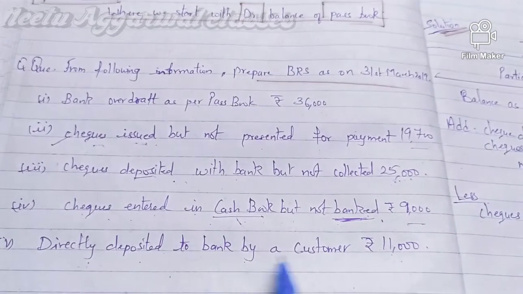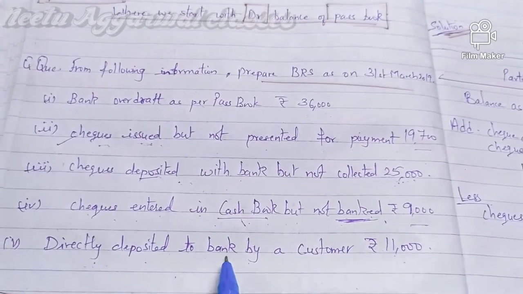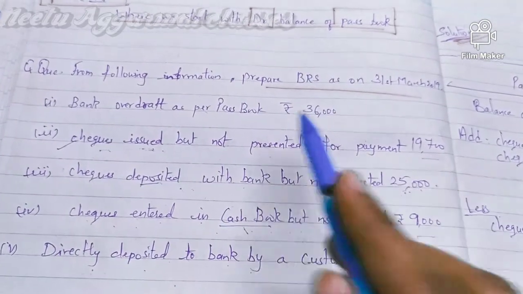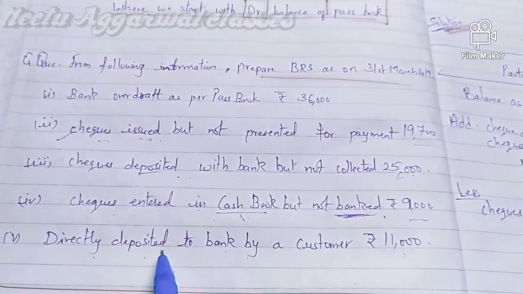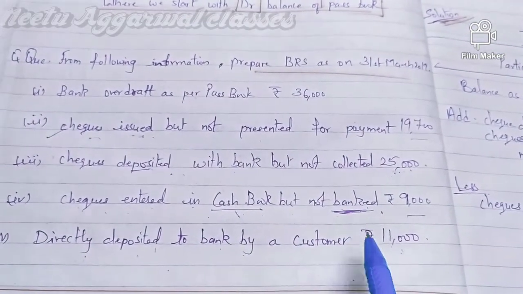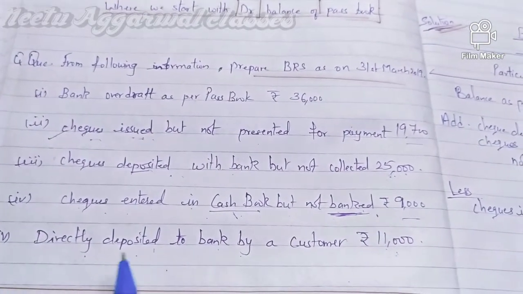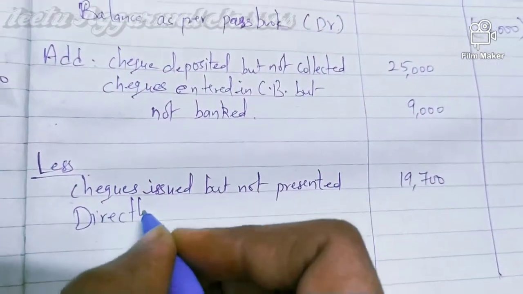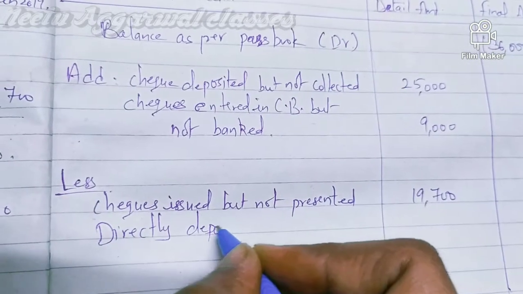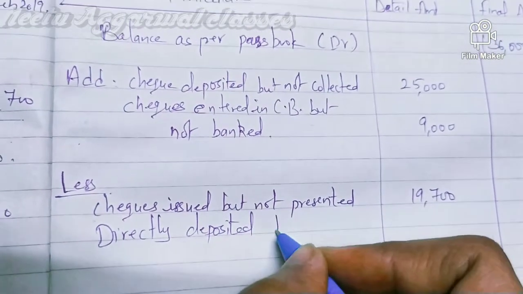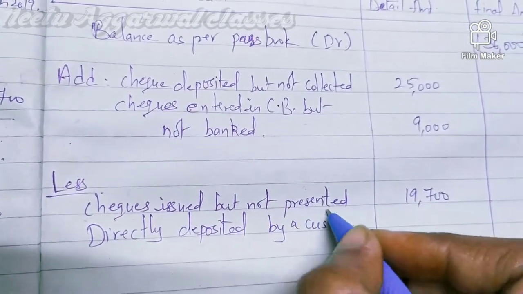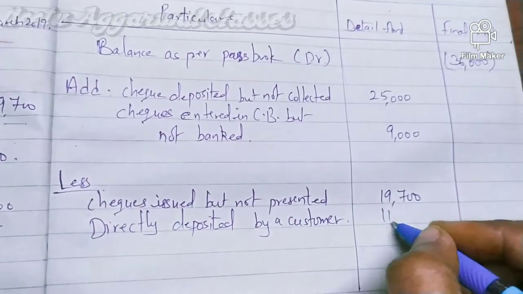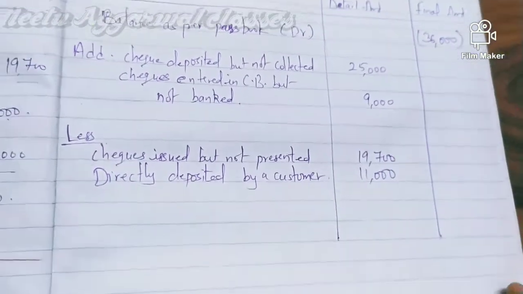So we need to subtract this amount from the passbook balance, because in the cash book there is no entry for such amount. So we will less this amount, directly deposited by a customer, 11,000.